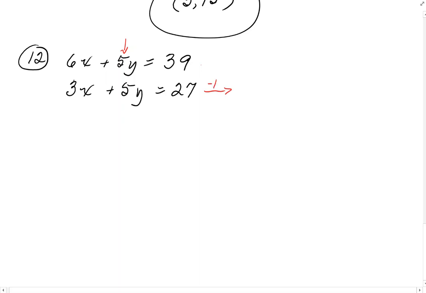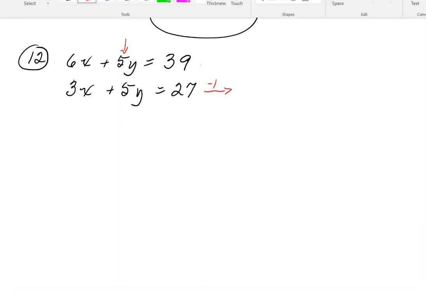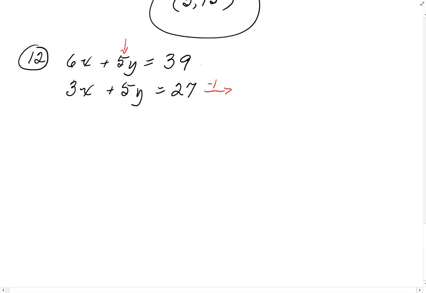I'm going to multiply by -1 to make that happen. You think about what you want it to be, and then think about what it takes to multiply by 5 to turn it into negative 5y, and that's -1. So I'll keep 6x plus 5y is 39, and I have now negative 3x minus 5y is negative 27.